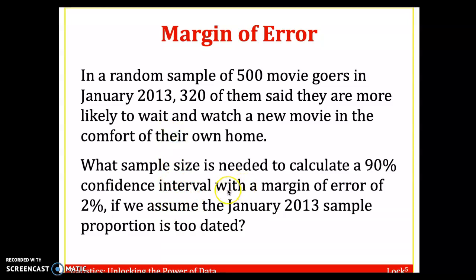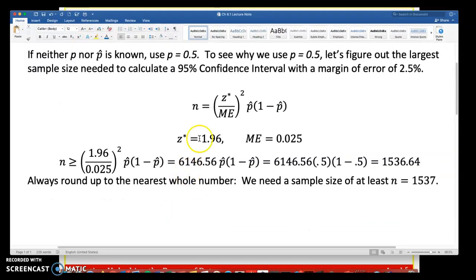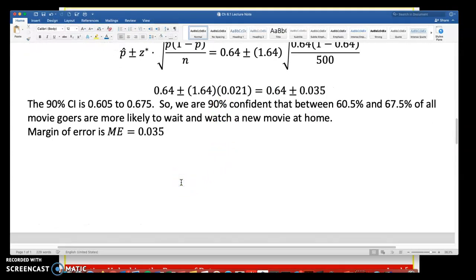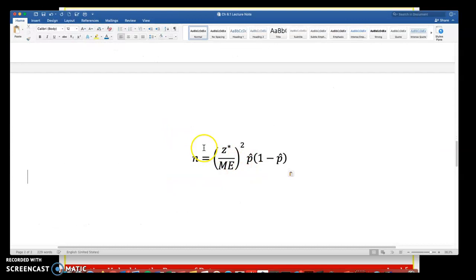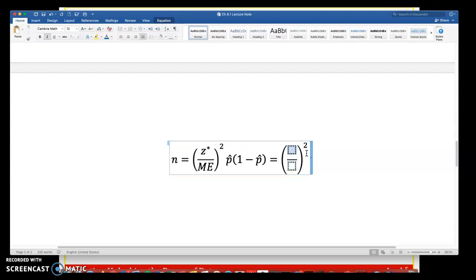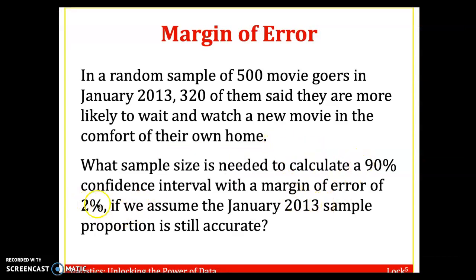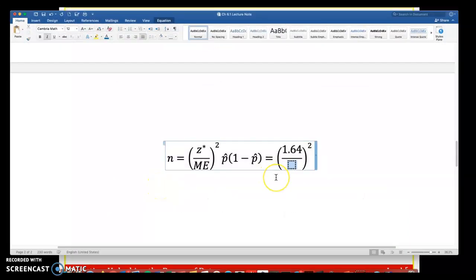So if we wanted to figure this out, I'm going to go back up here. We're going to use this sample size formula. If I want to fill out all this information, for 90% I'm still looking at 1.64 for my Z star. For the margin of error, we're looking for a 2% margin of error, so I'm going to put 0.02 in the denominator.